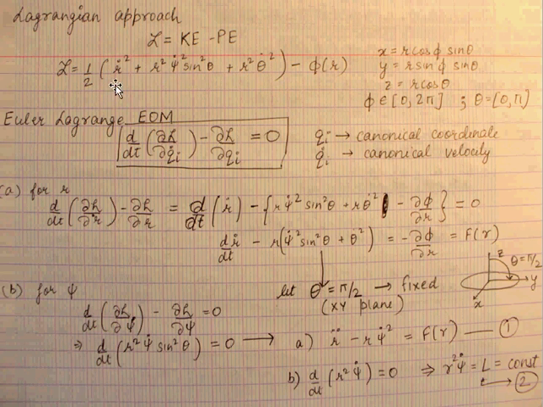So r dot is basically the radial velocity, and this term over here, r squared psi dot sine squared theta, is basically the azimuthal velocity, plus r squared theta dot squared, which is the polar velocity, right? So I've written the coordinate transformation from Cartesian coordinates to spherical coordinates here.